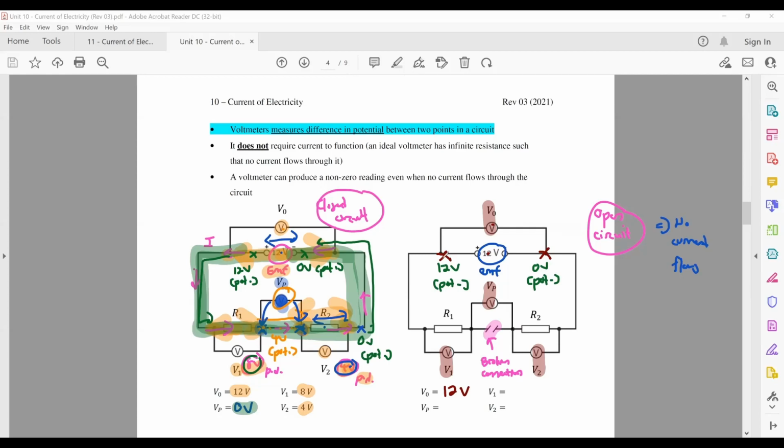Now, when it comes to your circuit having 12 volt potential here, previously, if you look at the previous diagram, I said that your potential of 12 volts was only constant up to the point before your resistor, right? It's after the resistor that your potential starts to change because you lost electrical energy.